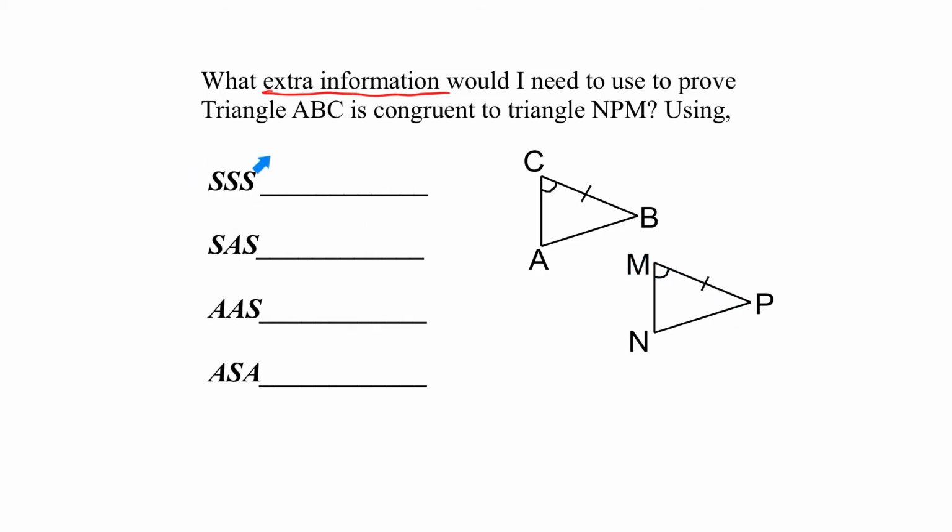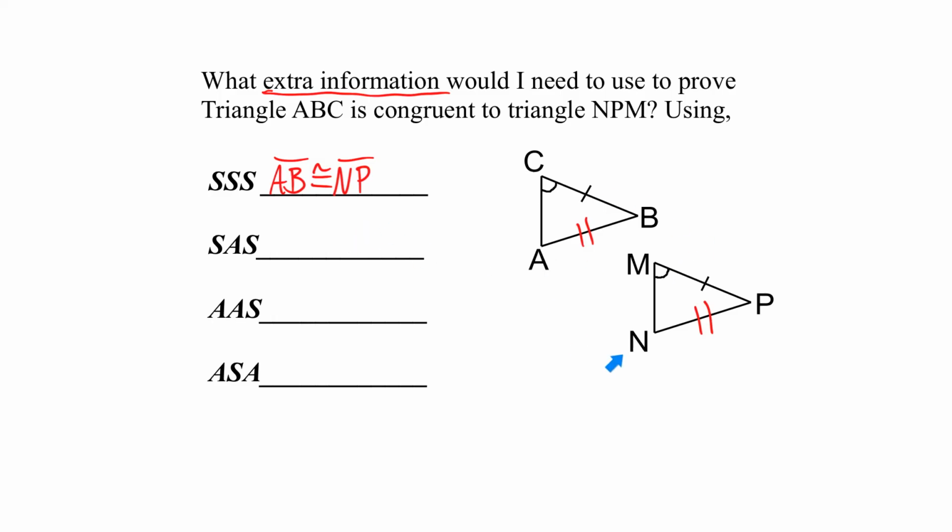Okay. So now I want to know, what else do I need to be able to use SSS to prove these two are congruent? AB, MP. Okay, I need to know that AB is congruent to NP. Now, I want you to write this, but don't draw over these because yours is going to turn into a mess. I can erase real easy, okay? So what we just said is that AB is congruent to MP.